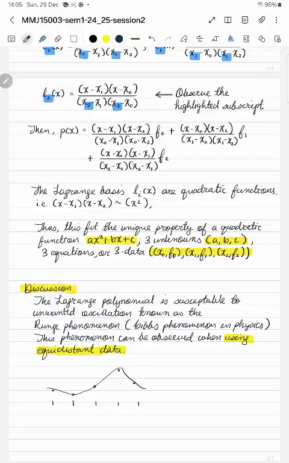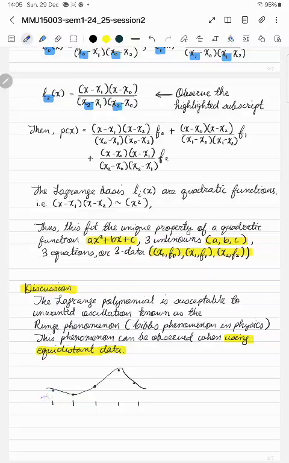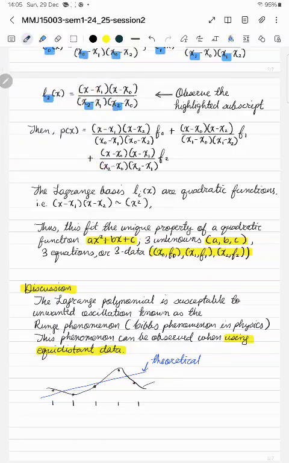Suppose that this is the real data, this is the real line, so this is the theoretical, and this will be the Lagrange polynomial fitting.